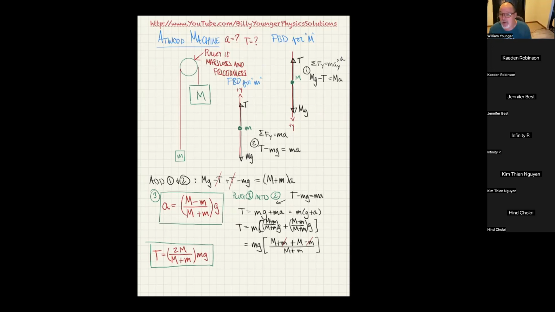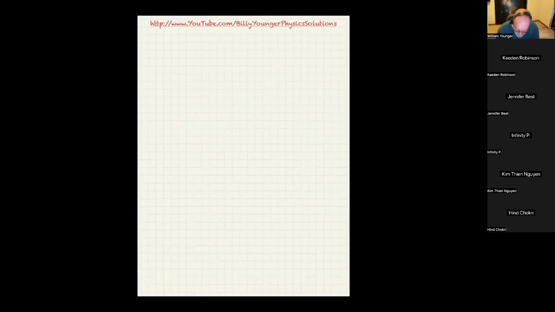All right, one more I want to show you, and this is an inclined plane Atwood machine. So let's imagine an Atwood machine, but one side of it is on an incline like this. Let's say this angle right here is 36.87 degrees, and this mass right here is 10.0 kilograms.